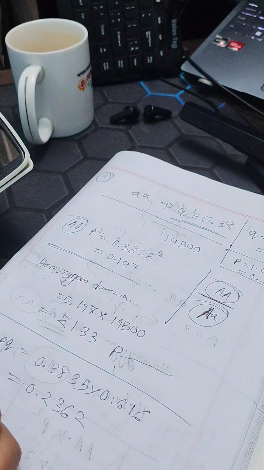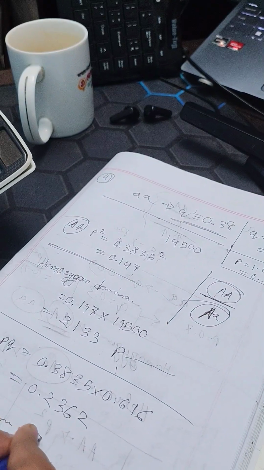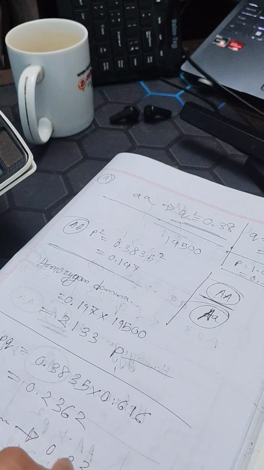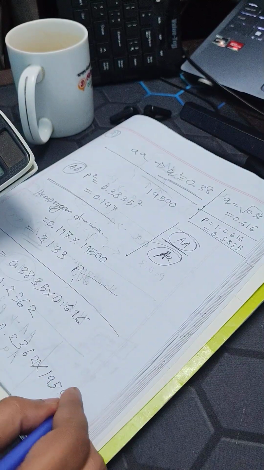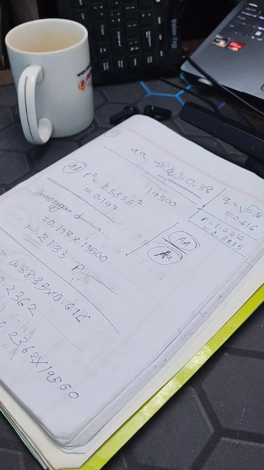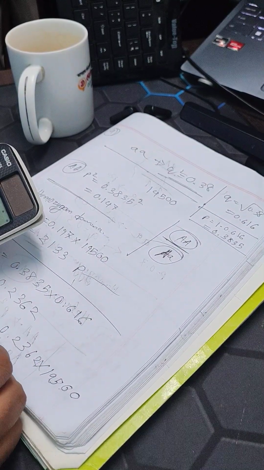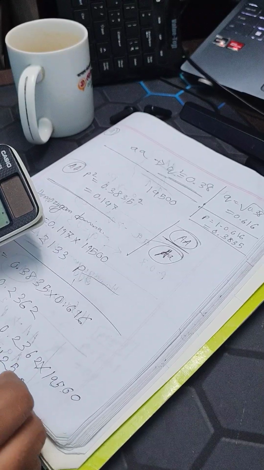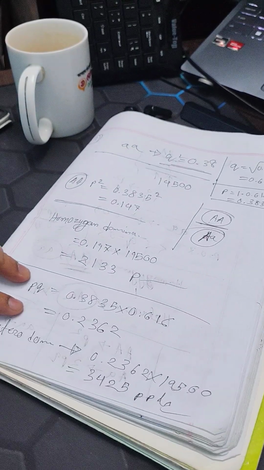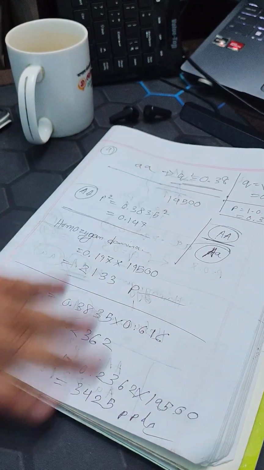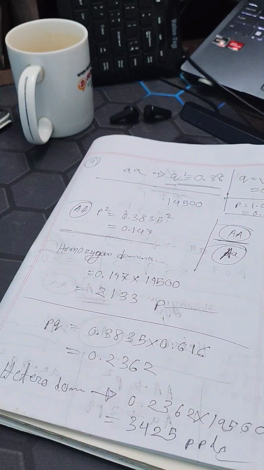So the heterozygous will be 0.2362 into 14,500 people, which is 3,425 people. Okay, this is a rounded figure that can vary as per the result, but the process is this one.